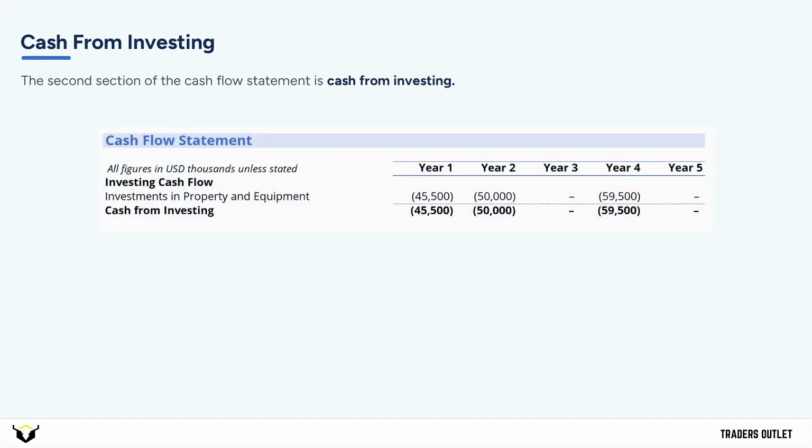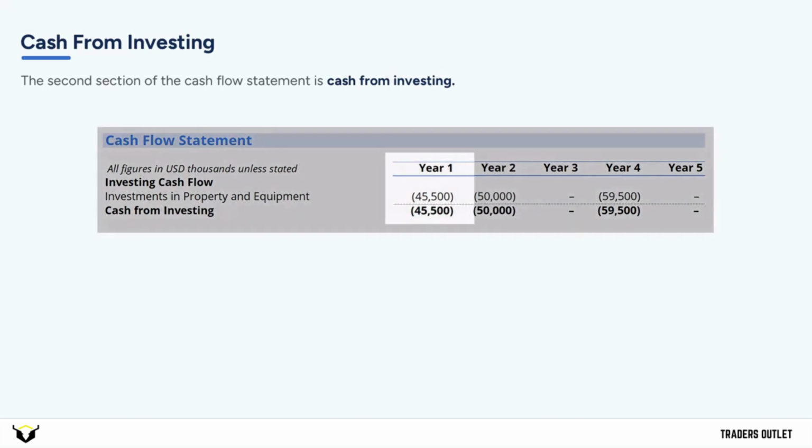The good news is cash from investing generally is a bit easier to understand. In this case, the company purchased $45,000 of equipment in their first year of operations. As a result, cash decreased by $45,500 in that year. In the next year, they invested an additional $50,000 of equipment to expand their operations.